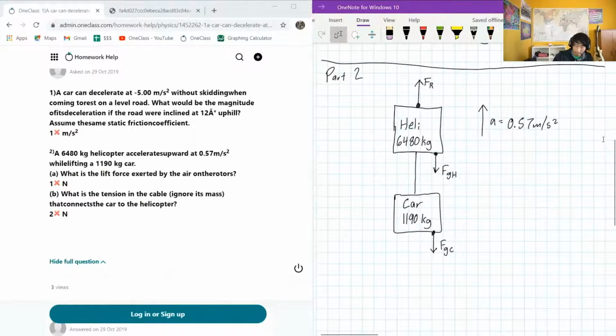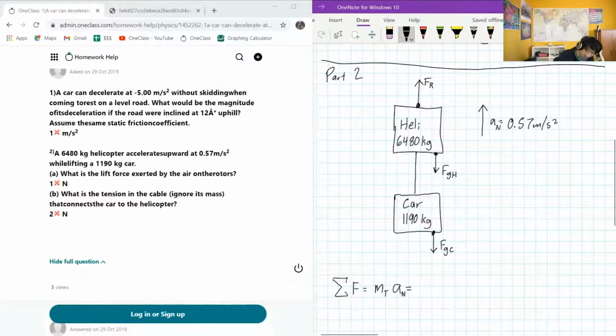Essentially, we're trying to solve for the rotor force, and we know the net acceleration. So we want to set it up this way: the sum of all forces is equal to the total mass, let's call it MT, times the net acceleration, AN.